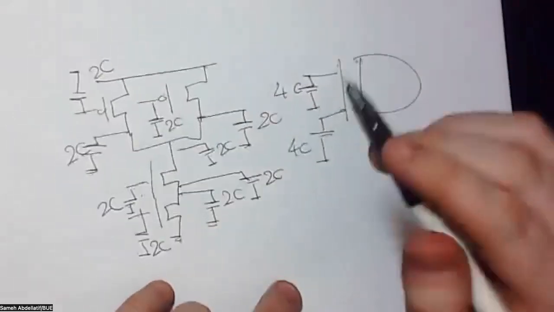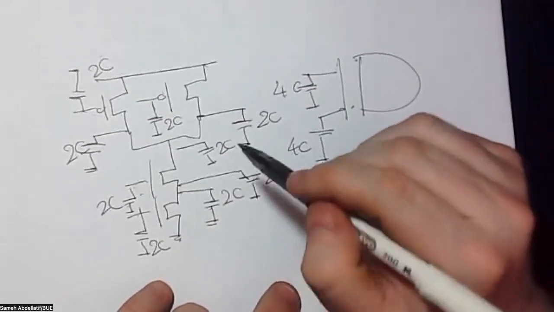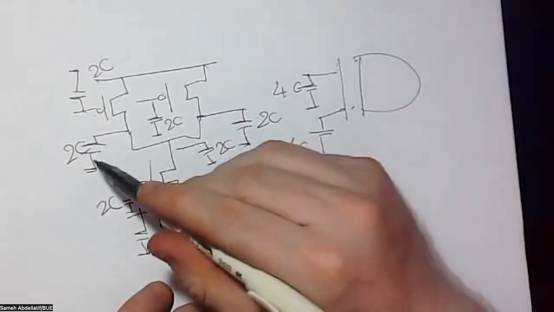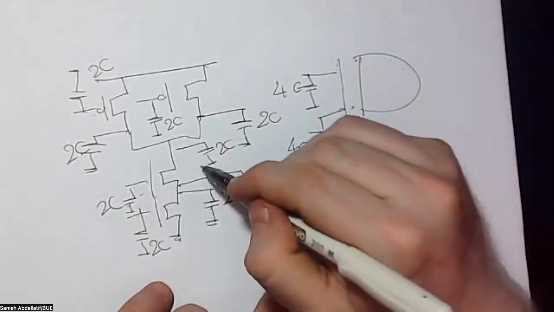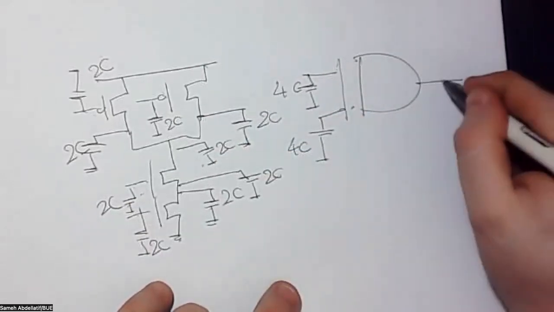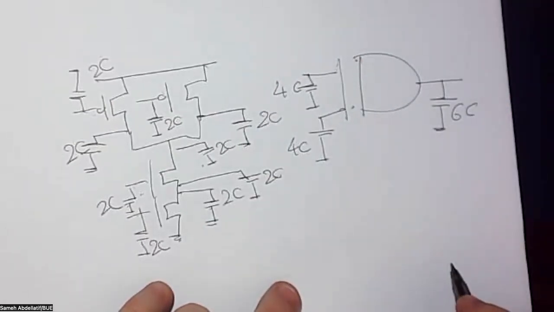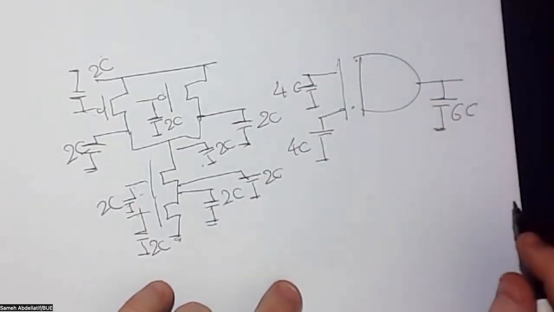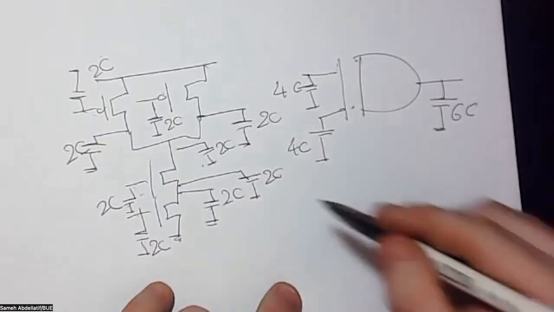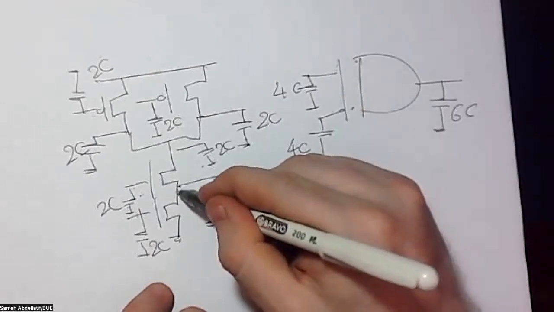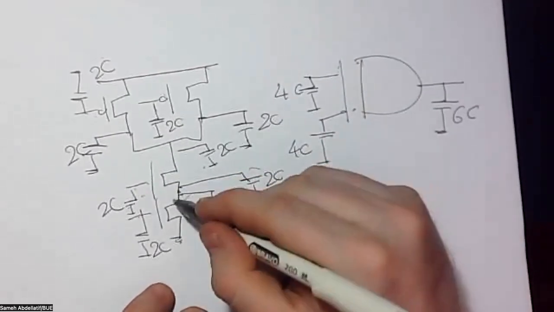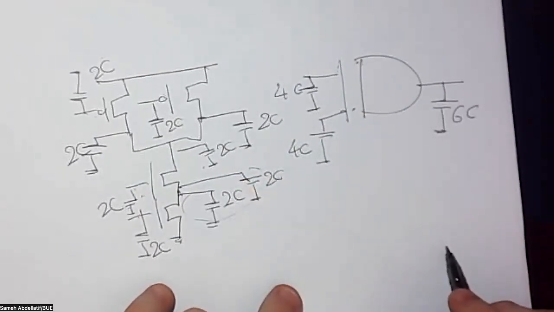What about the output? For the output, we have 2C, 2C, and another 2C. So we have 6C at the output. So this is the model of the capacitance for a NAND gate. And don't forget that we still have an internal point here with a 4C capacitance at this linking point.